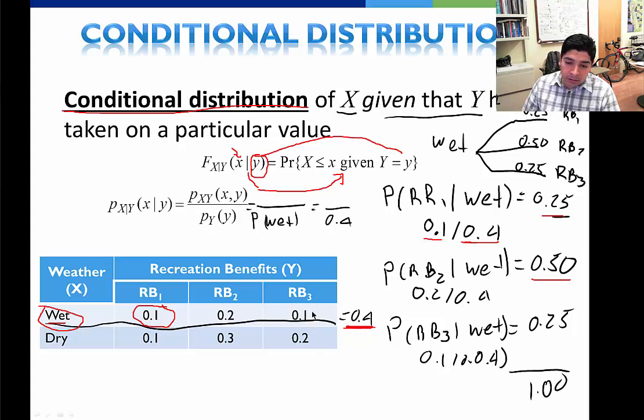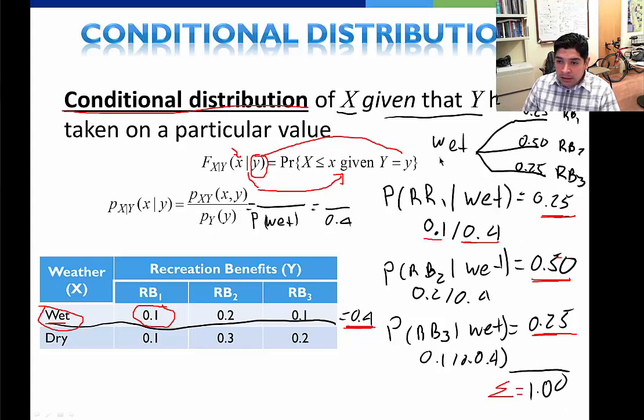And again, out of this 0.4, 0.1 comes from recreational benefit 3, so it's 25% that this happened. And again, the golden rule is that the sum of all of these, 0.25, 0.50, and 0.25, must add to 1.